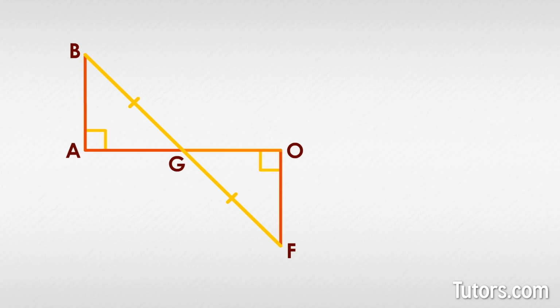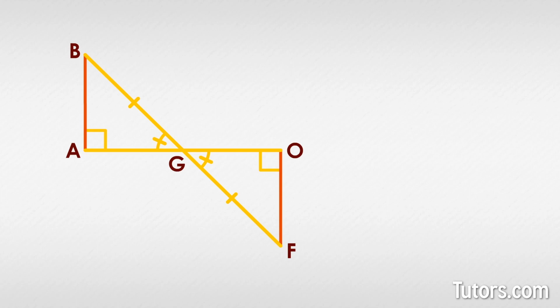Well, we know sides OG and AG form a straight line because they are segments of line OA. We know that both right triangles share point G, creating 2 interior angles, angle FGO and angle BGA, which are vertical angles of 2 crossing lines. Vertical angles are congruent. Now we have another set of congruencies.